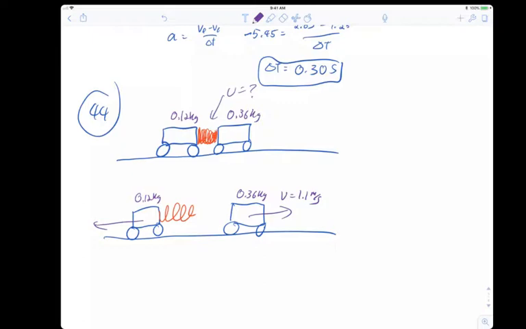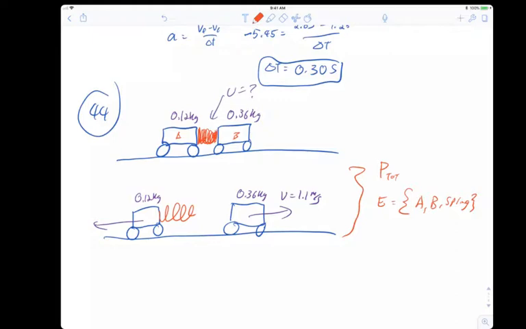There's two things going on here: the conservation of momentum, and the conservation of energy. In other words, if the system is cart A, cart B, and the spring, that's a closed system, so all of the energy will be constant.